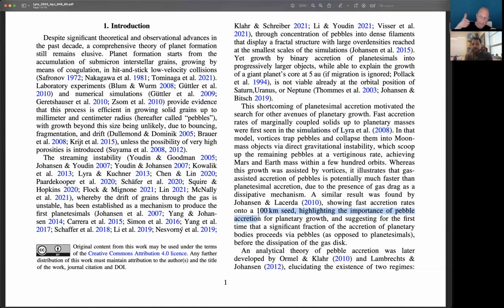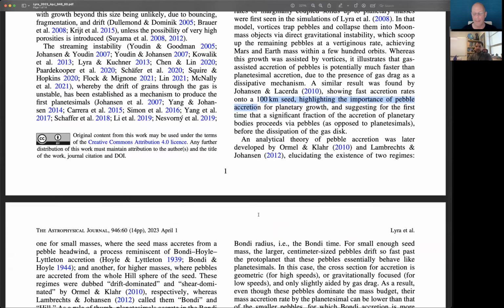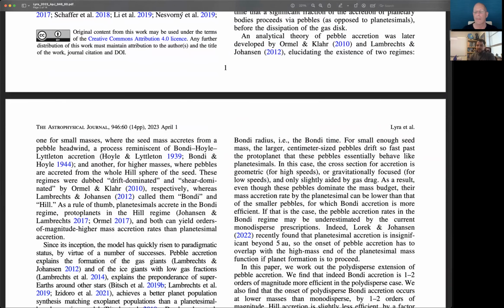And then after that, he hired a graduate student, Michiel Lambrechts, who is the paper that is quoted down there. Lambrechts and Johansen, 2012. And Michiel did an excellent PhD thesis developing that.